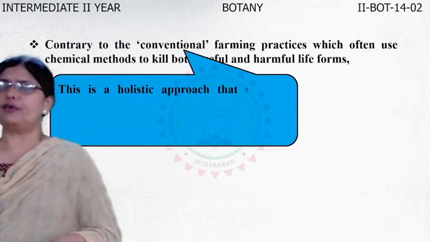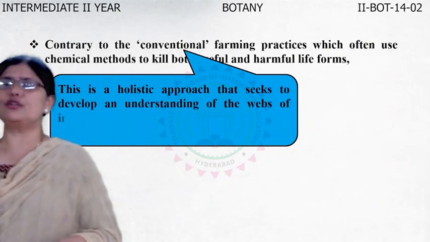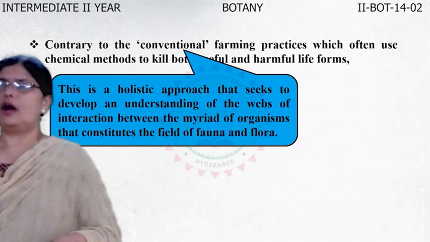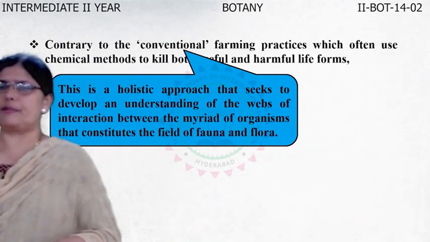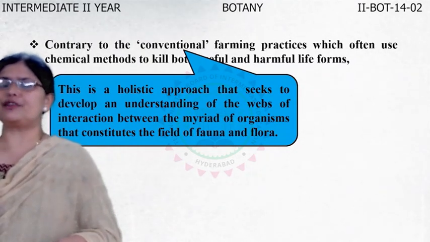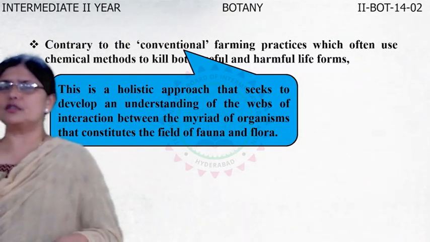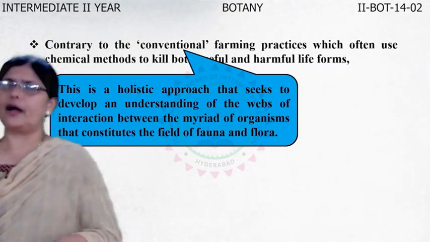Contrary to the conventional farming practices, which often use chemical methods to kill the harmful life forms, this is a holistic approach which will help in developing an understanding of the webs of interaction between the myriad of organisms that constitute the field of fauna and flora.